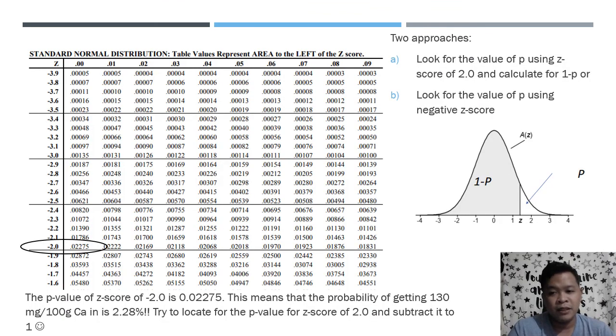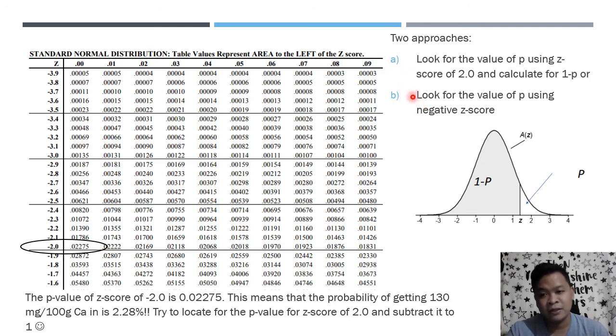So there are typically two approaches to this. The chance of getting a z-score of 2 or higher in this case, which means you get a calcium value of 130 milligrams per 100 grams or higher, could be calculated either through using the z-score table or the negative z-score table.